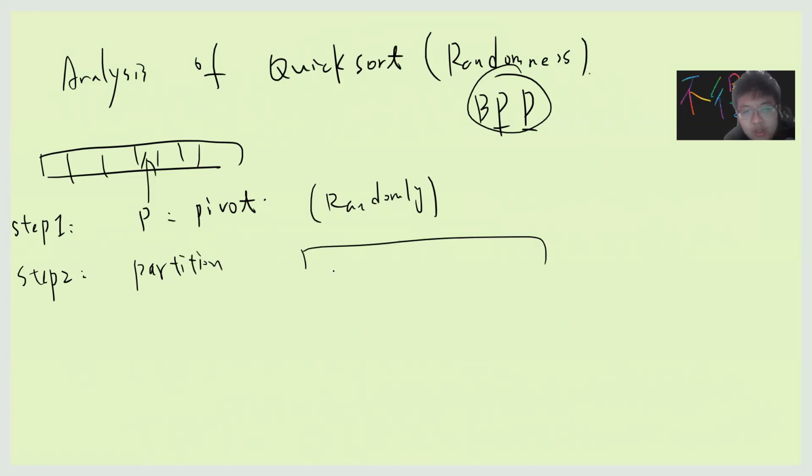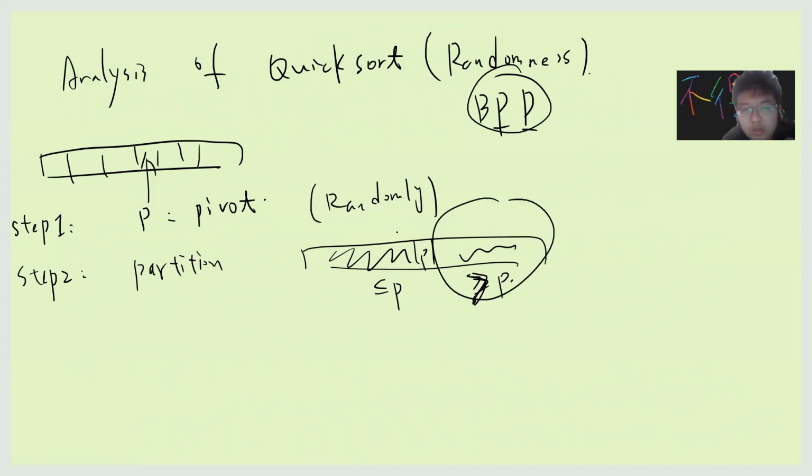Partition means that you separate the array: this part is less than or equal to P, and this part is greater than or equal to P. If you have equal elements, maybe this part should be greater. So less than or equal to P goes on the left-hand side, greater than P goes on the right-hand side, and then you recursively call on both the left and right sides. By definition, this will work. You can try to prove it.